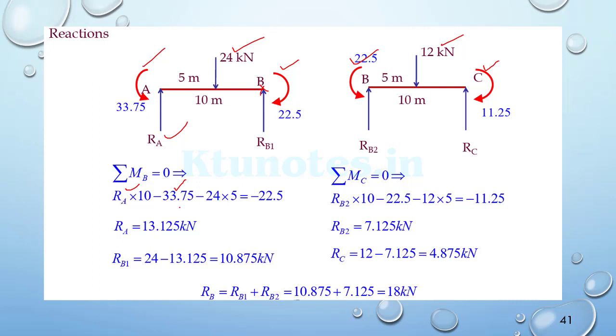If you follow a single sign convention, that is, if you're taking anti-clockwise positive, then all should be that way, otherwise it should be clockwise. So we are taking an equation with a defined sign. Ra into 10 is clockwise, minus 33.75 is anti-clockwise, then this 24 into 5 will again be anti-clockwise, so minus, which will give you the resultant moment at the point B as 32.5.